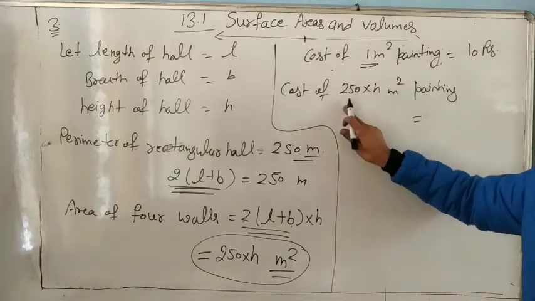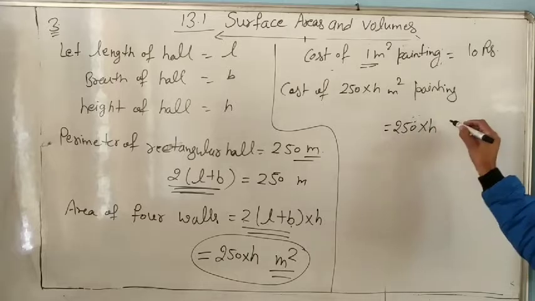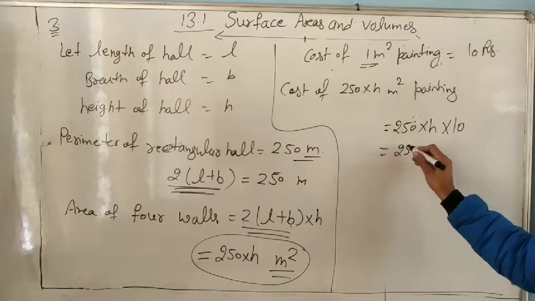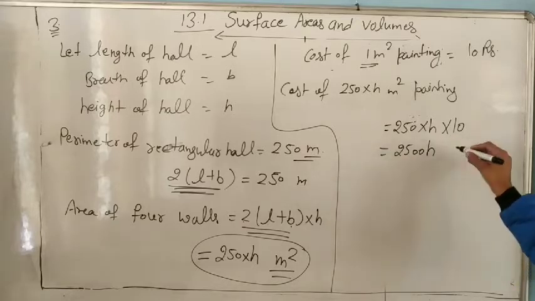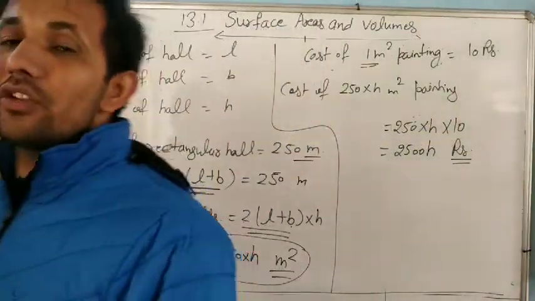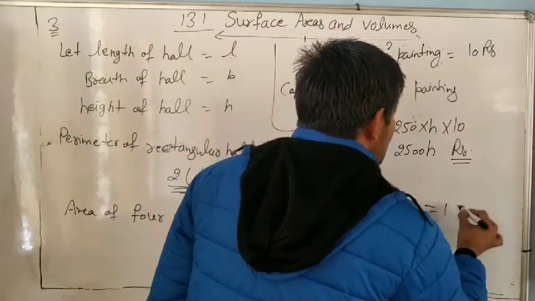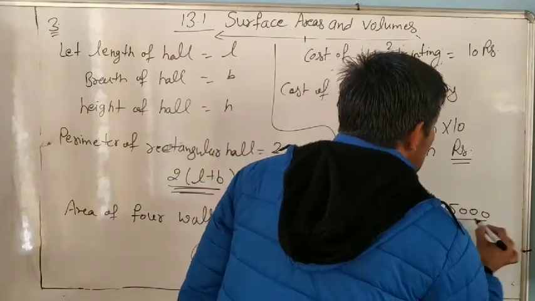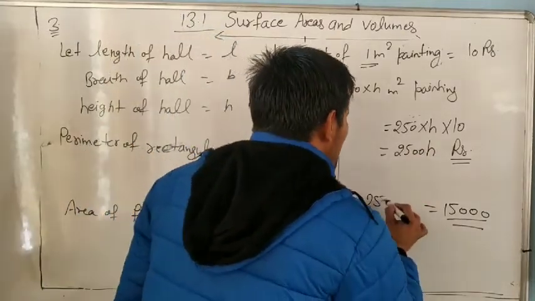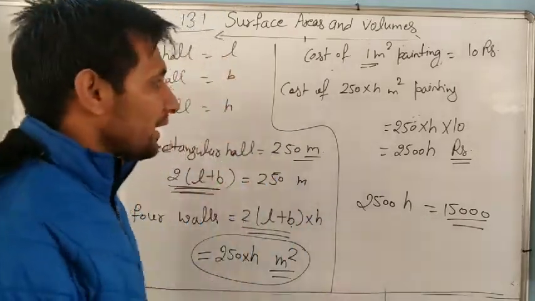So the cost of 250H meter square is 250H multiplied by 10, which is 2500H rupees. But the total cost given in the question is 15,000 rupees. Both are the total cost, so both are equal.